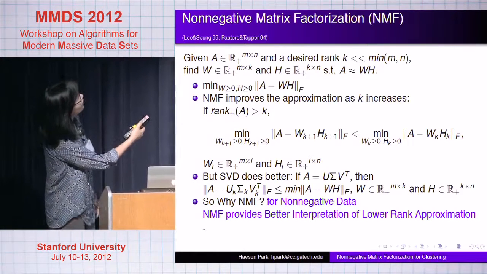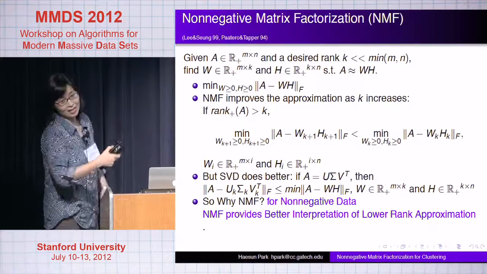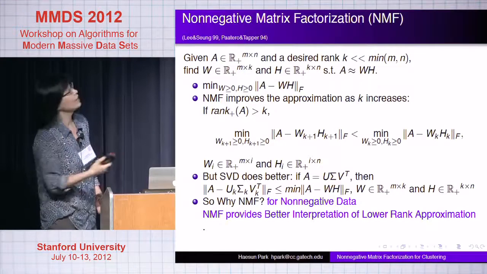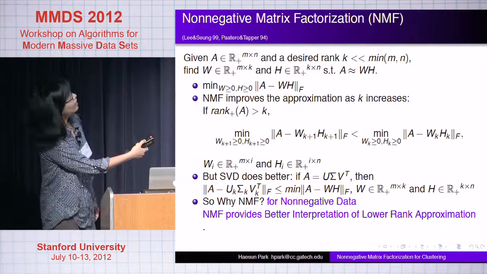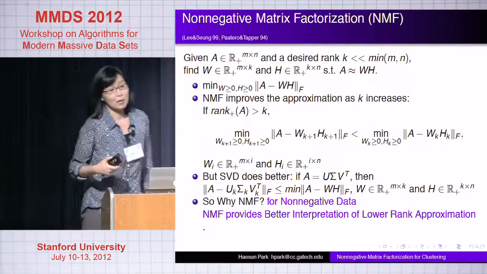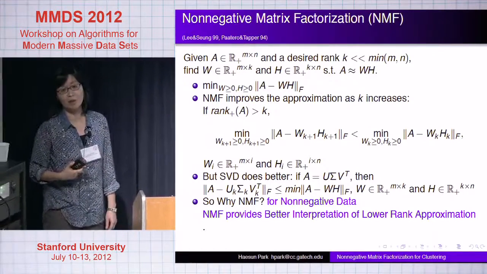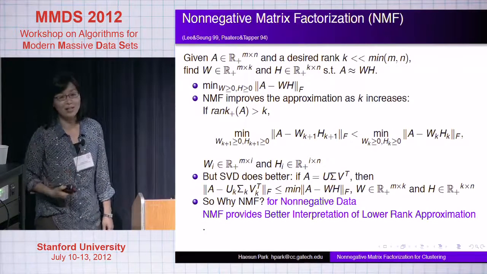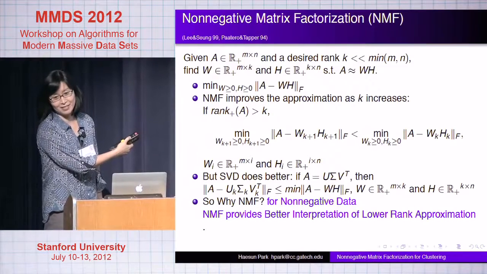But we can show that as long as we haven't reached the non-negative rank, as we increase the reduced rank, we can have a strictly better approximation. But if finding the best lower rank approximation is the goal, then why do we use NMF? Because theoretically we know that SVD does the best job.